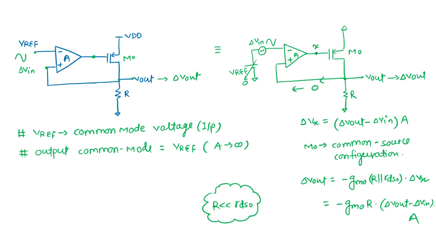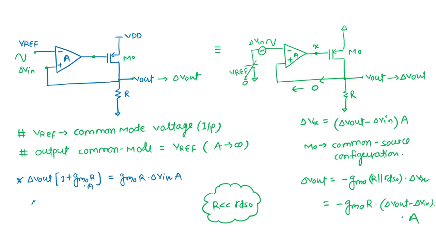So what can I write here? I will take del Vout on one side, which is 1 plus gm0 R, equal to gm0 R del Vin A. A is also here, this term is also A, because A is multiplied here.